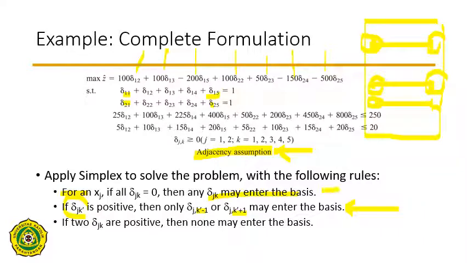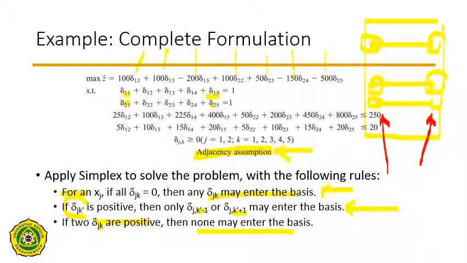The first point says if you don't have any delta jk, then you may just select any of them. But if you already have two delta jk that are positive, it means you already have a pair of grid points selected, then no other grid points may enter the basis.